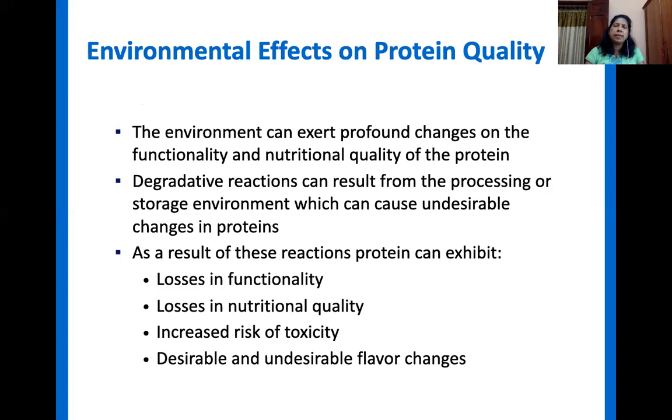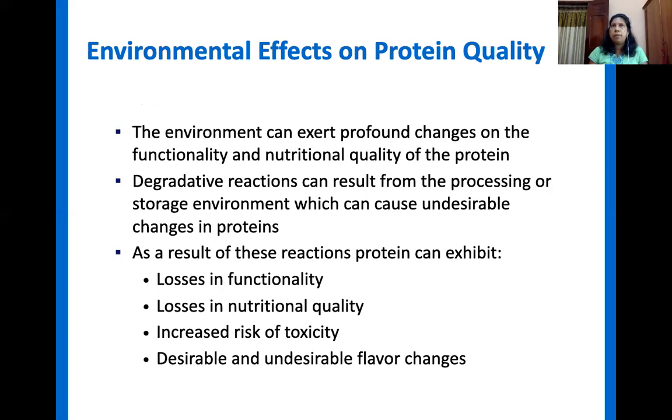Now, let's discuss the environmental effects on protein and protein quality. The environment can exert profound changes on the functionality and nutritional quality of the protein, right? That means the functionality as well as the nutritional quality of the protein can be changed because of environmental effects.